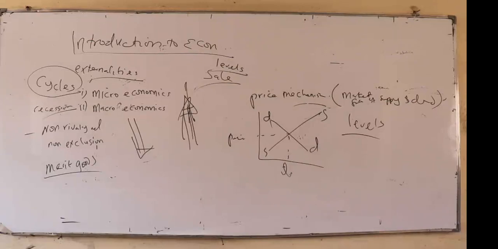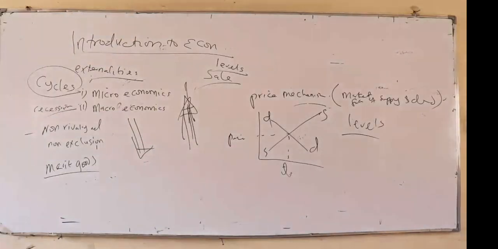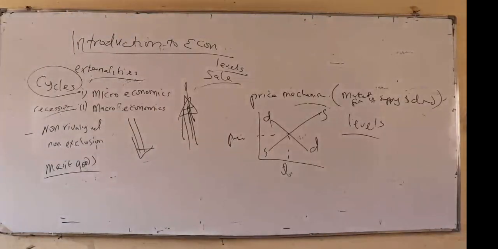Number three, rationing of certain commodities when demand exceeds what is supplied.